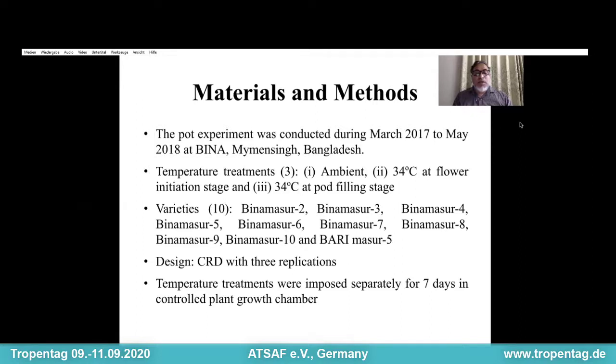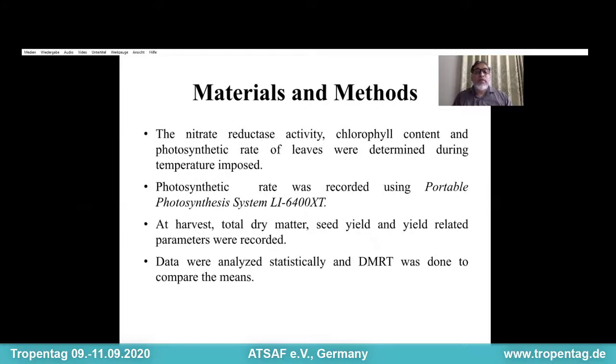Temperature treatments were imposed separately for 7 days in a controlled plant growth chamber. The nitrate reductase activity, chlorophyll content, and photosynthetic rate of leaves were determined during temperature imposition.